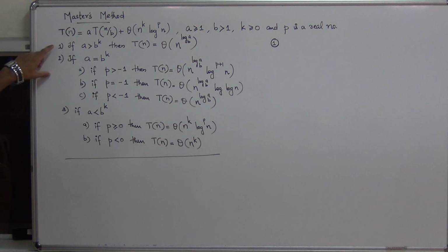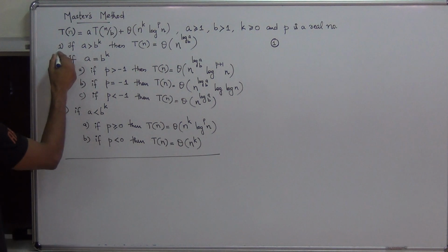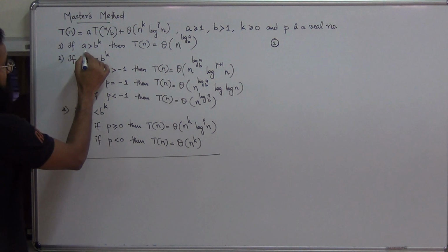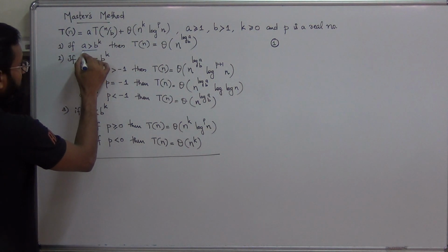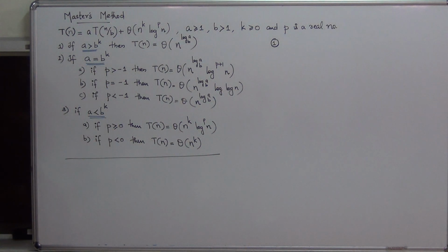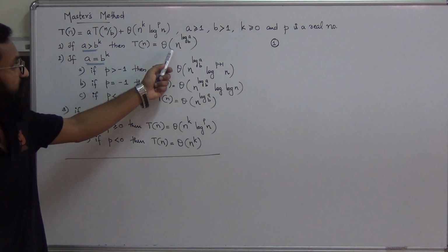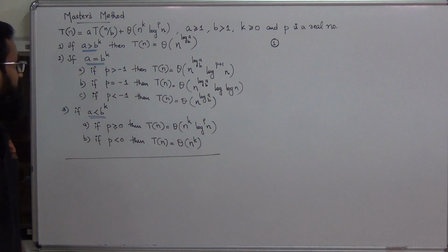So here you have three main cases, case 1, case 2 and case 3, and these cases depend on a and b raised to k. If a is greater than b^k, then T(n) is equal to Theta(n^(log a to the base b)).